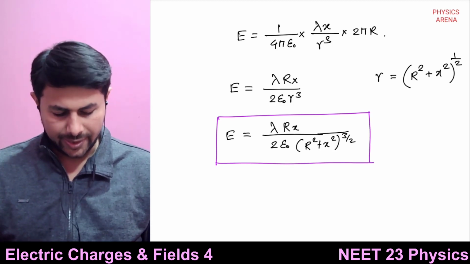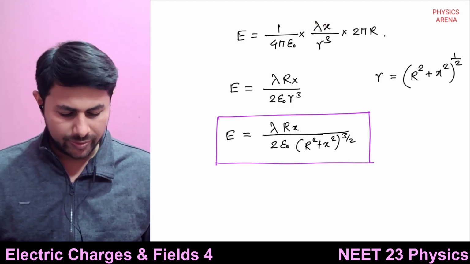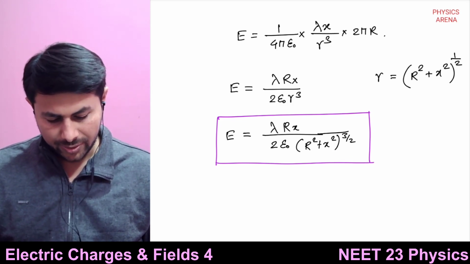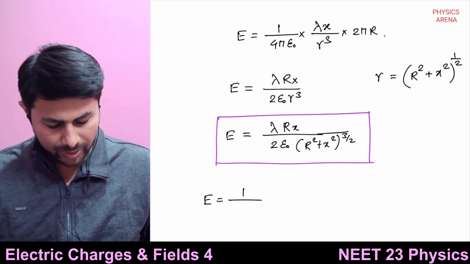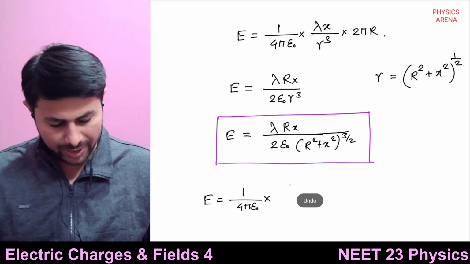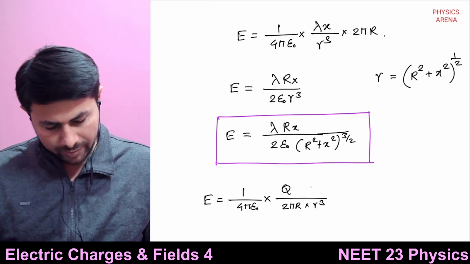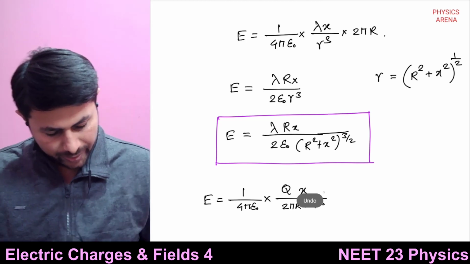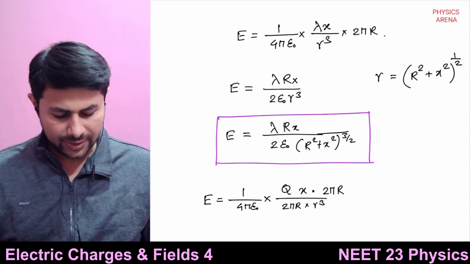Okay, then we'll substitute lambda. What is lambda? It's q divided by 2 pi R. So you get quite a simple formula: 1 upon 4 pi epsilon naught multiplied by lambda, which is q divided by 2 pi R, multiplied by small r cube multiplied by x into 2 pi R. This 2 pi R and 2 pi R get cancelled out.